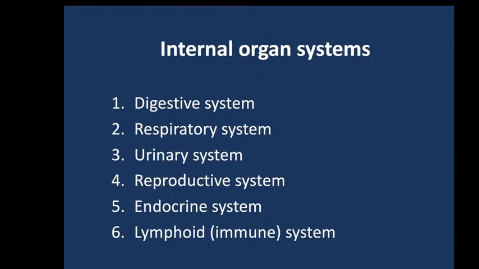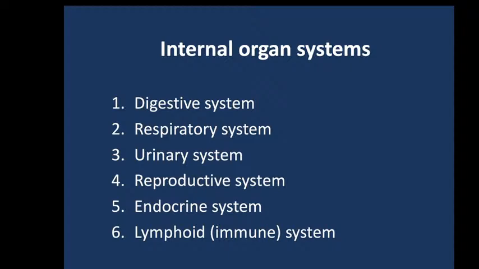What kind of organ systems do we have in our body? First of all, the digestive system, which is quite big.